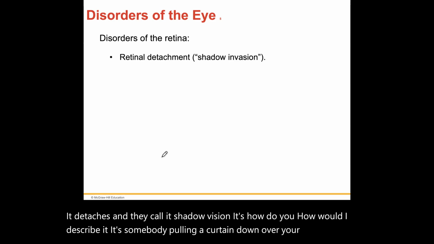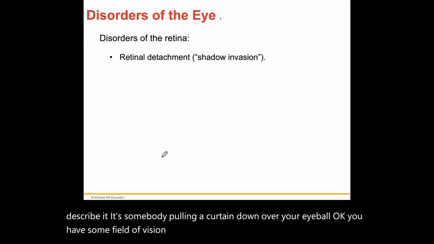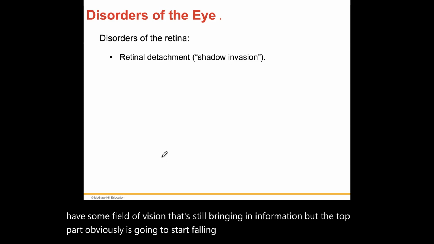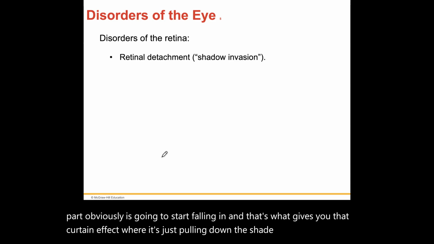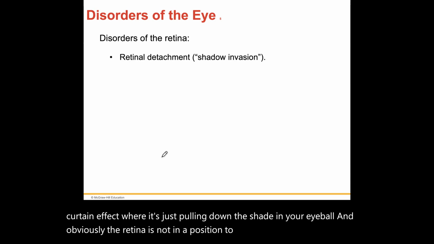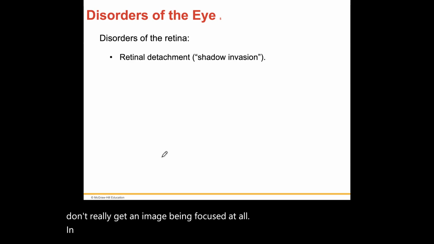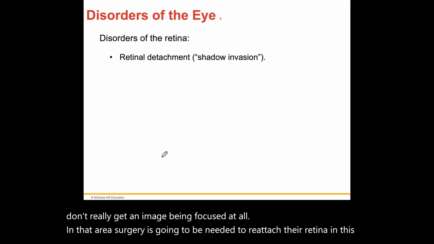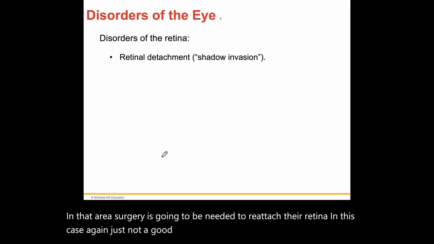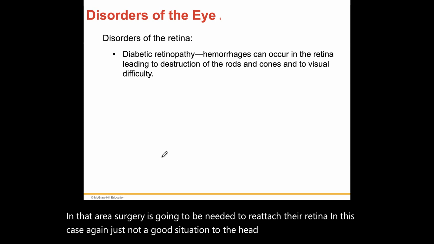You have some field of vision that's still bringing in information, but the top part starts falling in, giving you that curtain effect. The retina is not in a position to properly focus an image, so you don't get an image focused at all in that area. Surgery is needed to reattach the retina. Again, not a good situation. Blows to the head may cause this type of condition.